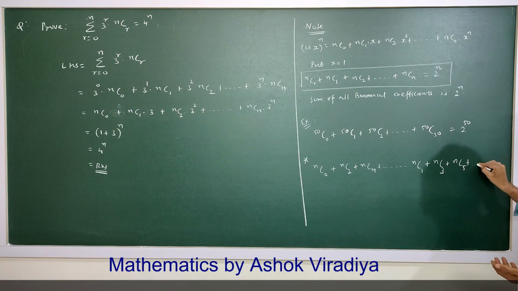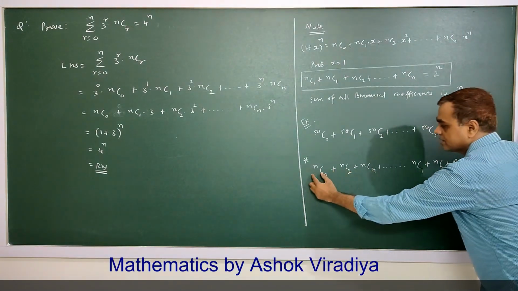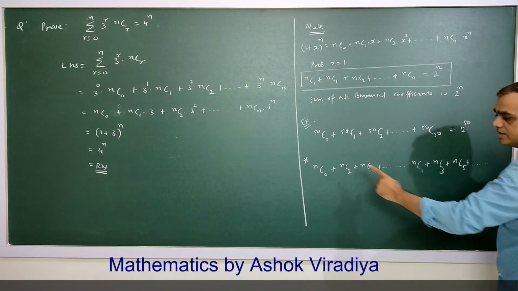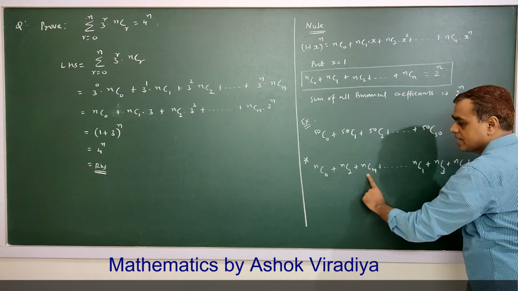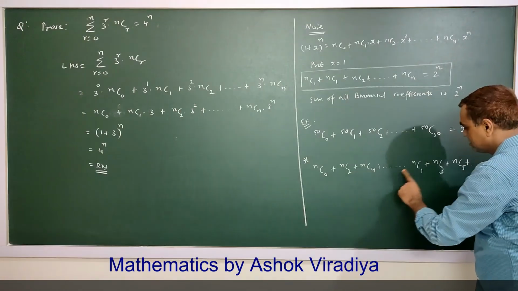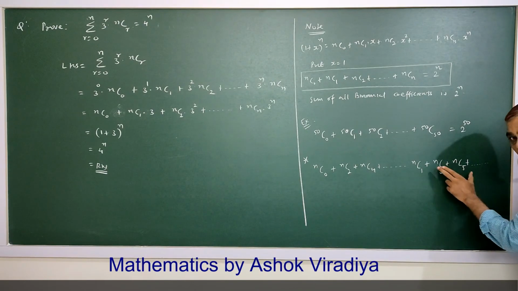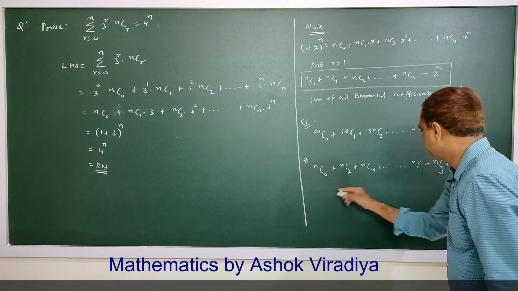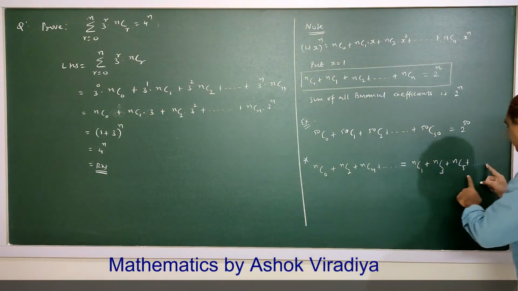So these are numbers in which r is odd, these numbers r is even. These are coefficients of terms having even power. These are coefficients of the terms having odd power. So this sum is equal to this sum.